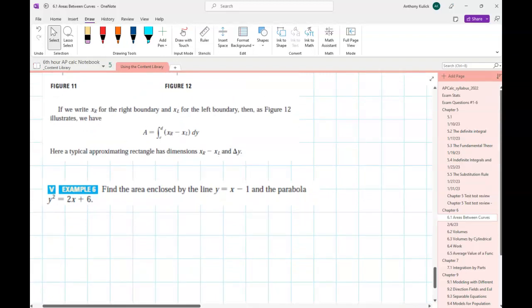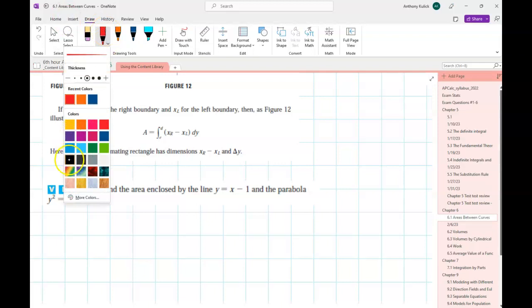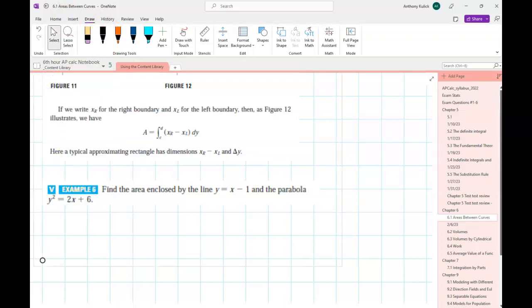So, let's look at an example. Find the area enclosed by the line y equals x minus 1 and the parabola y squared equals 2x plus 6. Notice here I didn't give you any picture because I want us to do the picture by hand. Because this is not one that you can type into your calculator because of the y squared.